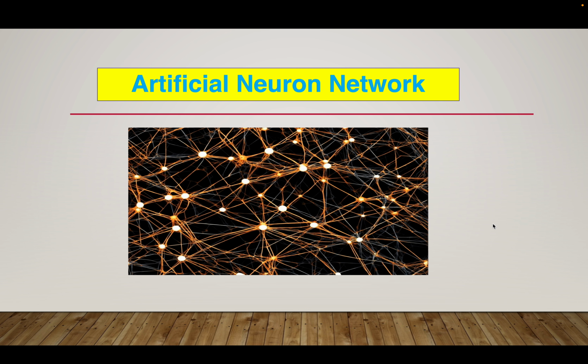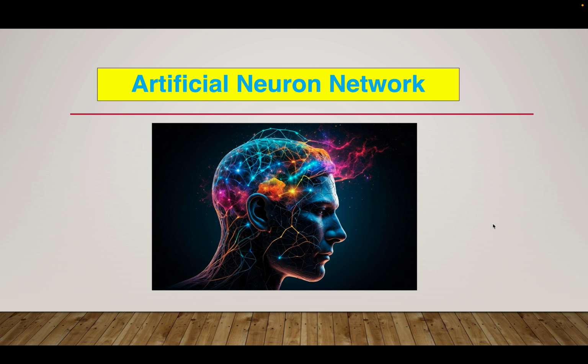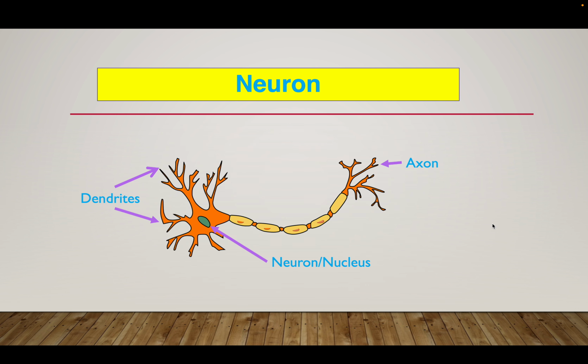Before going into the detail, we first need to understand how the human brain works at a high level, and then we try to copy the same artificially with the help of a neural network. This is the basic architecture of a human neuron.